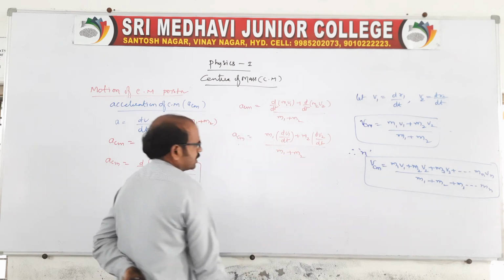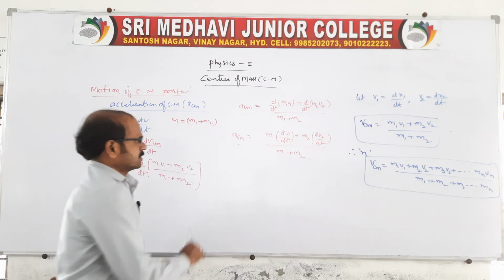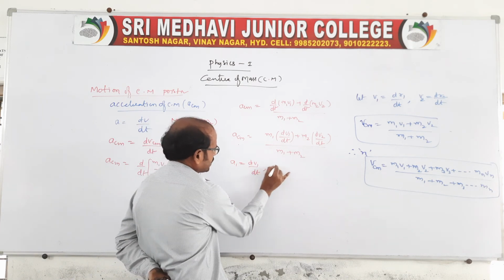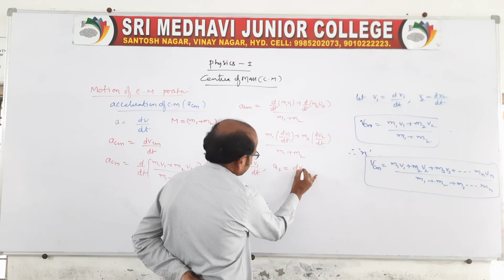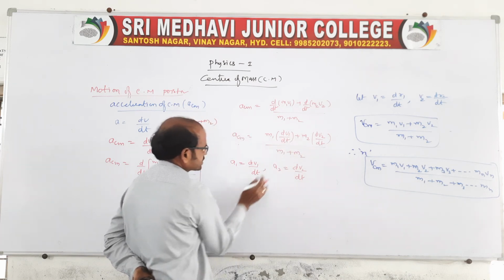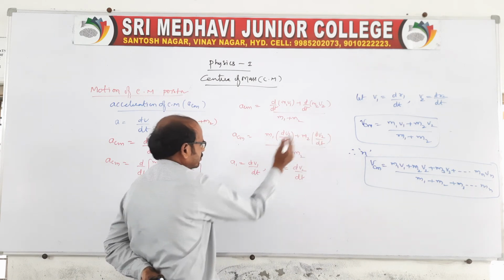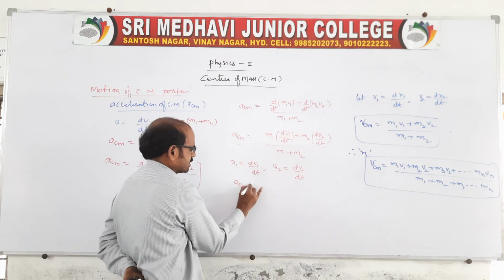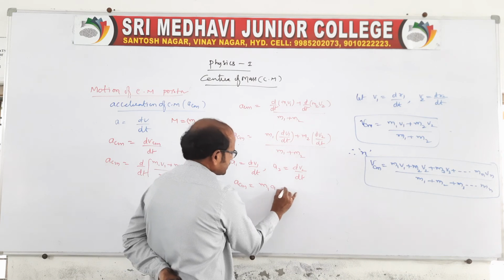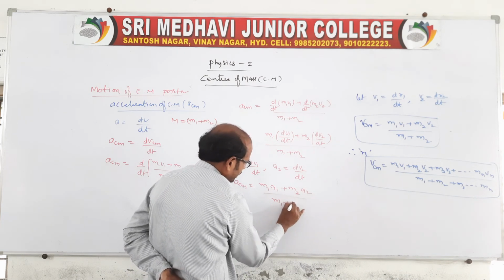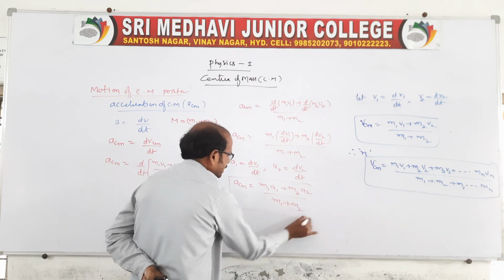Again we know change of velocity with time is represented as acceleration: A1 is equal to dV1 by dt and A2 is equal to dV2 by dt. Just replace dV1 by dt with A1 and dV2 by dt with A2. Therefore the acceleration of the center of mass will be (m1 A1 plus m2 A2) by (m1 plus m2) for a two particle system.